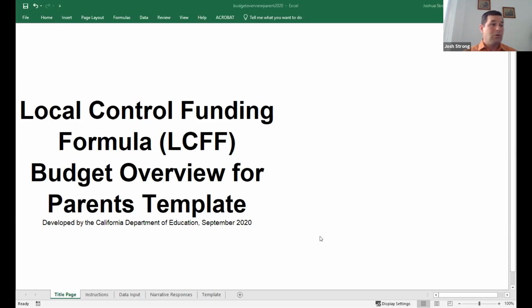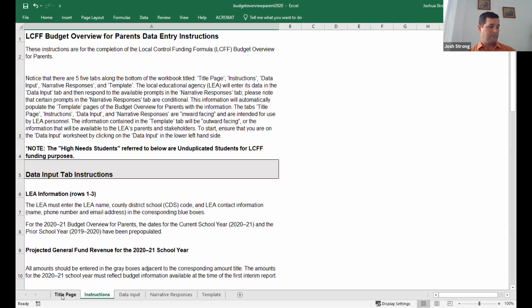So if you download the budget overview for parents template Excel document, this is what you will find when you open it up. You're going to find a title page that's there as part of the accessibility requirements. You'll find down along the bottom 5 tabs.